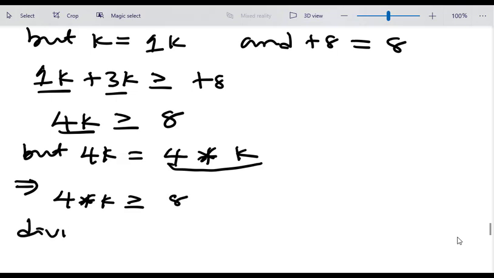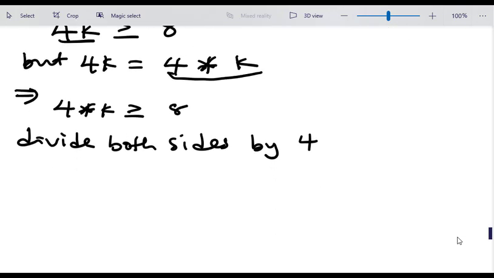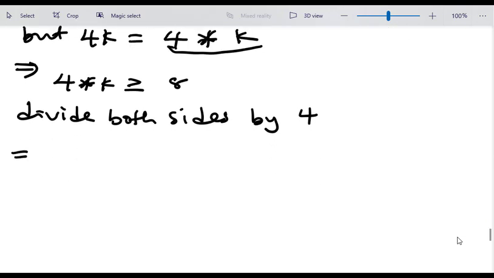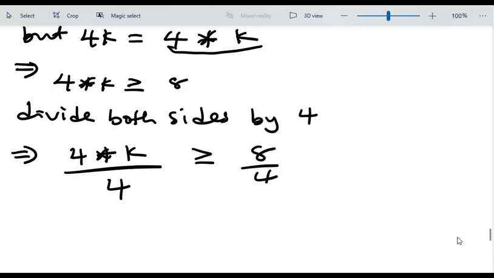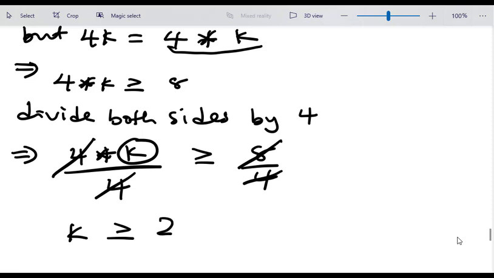So we have to divide both sides. We say divide both sides by 4. So it implies that 4 multiplied by k divided by 4 is greater than or equal to 8 divided by 4. 4 cancels 4, k falls down, greater than or equal to 8 divided by 4 will give us 2.